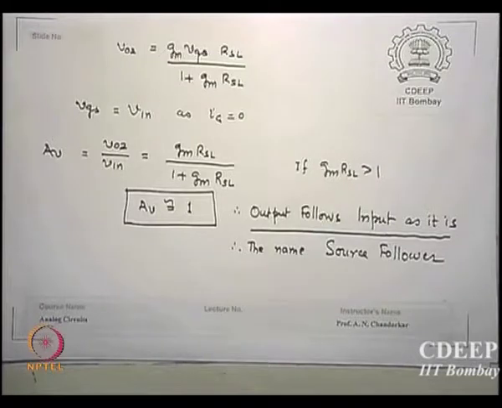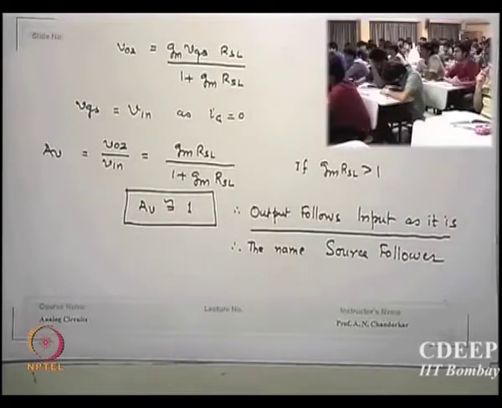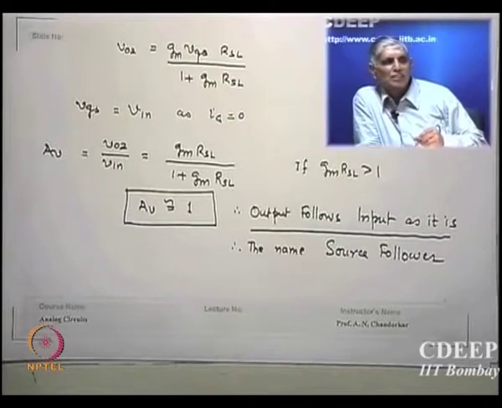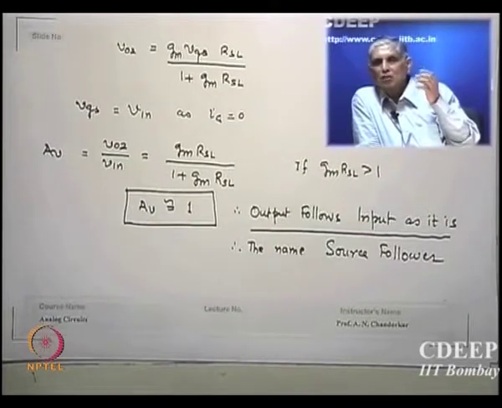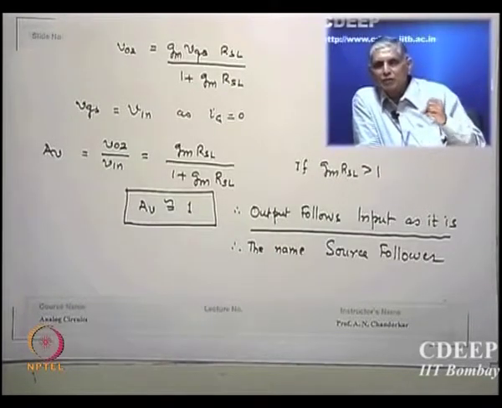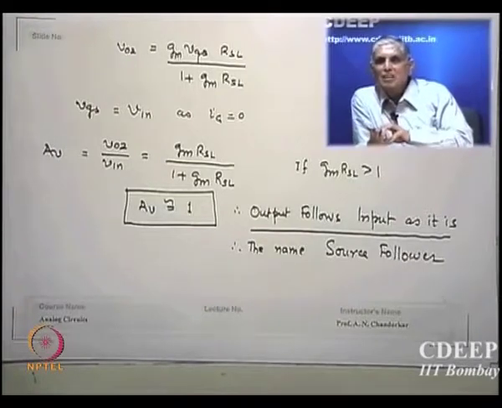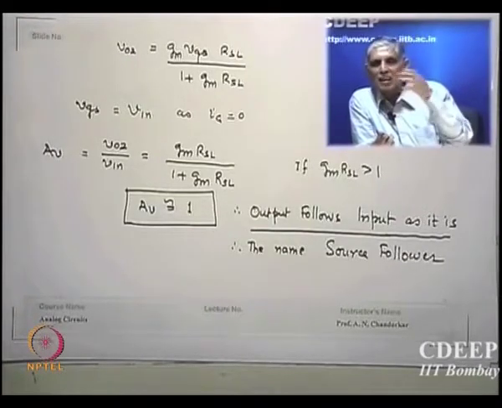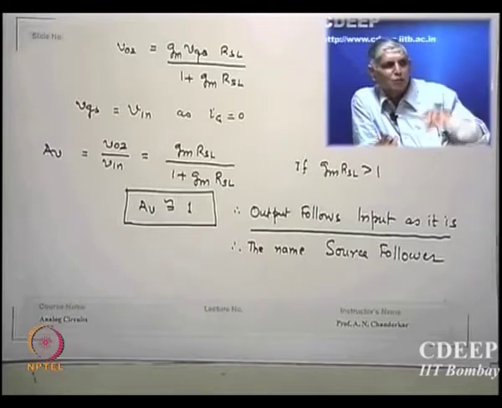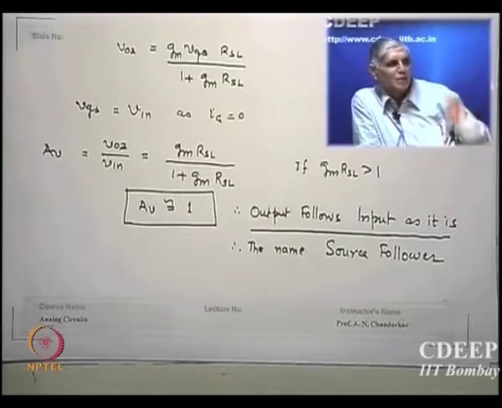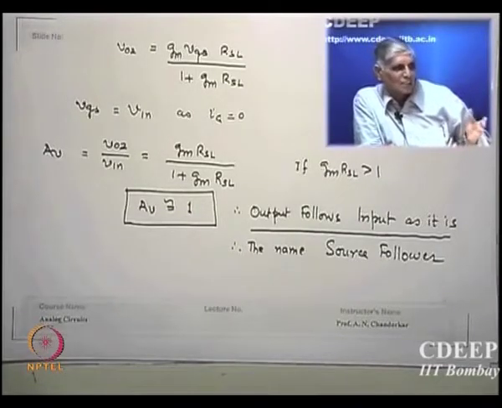Actually you need not even say RSL, we should say Gm Rs at least should be larger than 1, then 1 can be neglected and the gain will be close to 1, but it will always be less than 1. Is it clear? It will always be less than 1, because with 1 plus something, even if that quantity is much larger than 1, still the numerator will be smaller than the denominator by a small quantity.